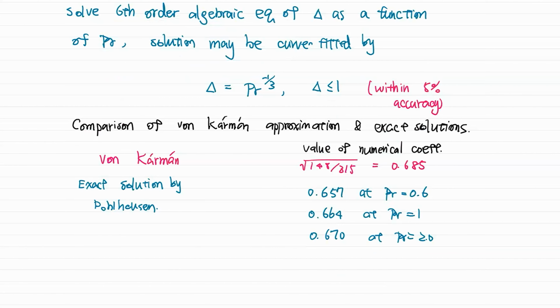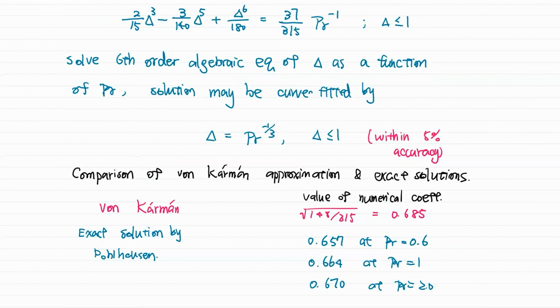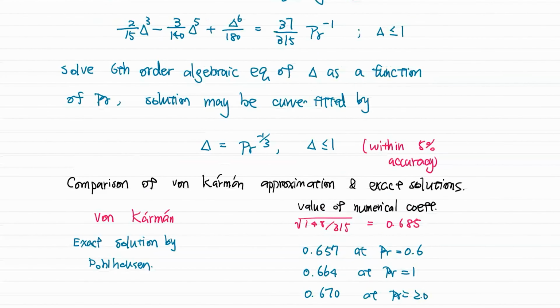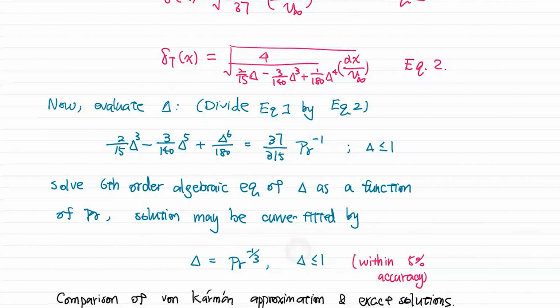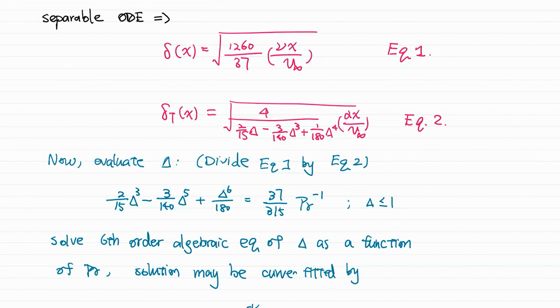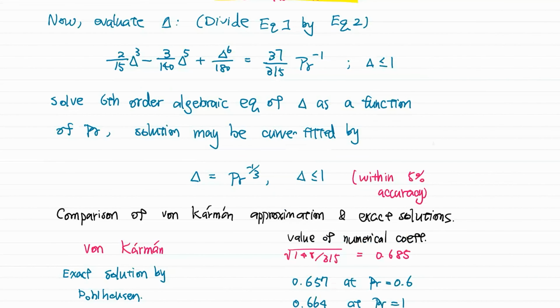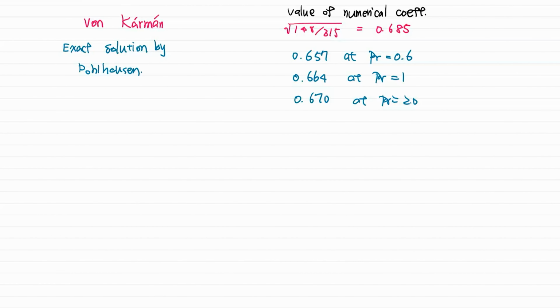So coming back to what we have obtained here. With the velocity and thermal boundary layers obtained, we can now try to really figure out the temperature and velocity distribution. Okay, and let's look at the temperature profile.